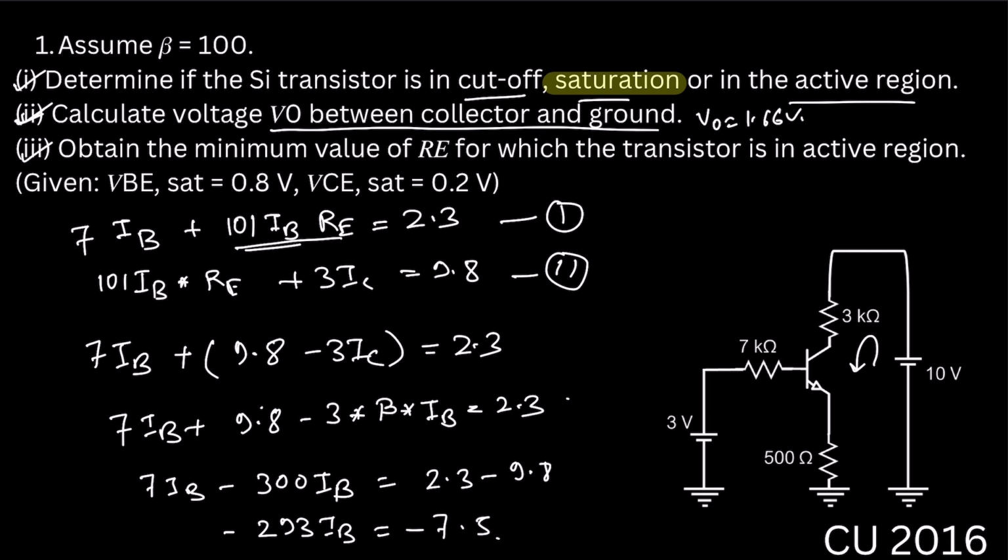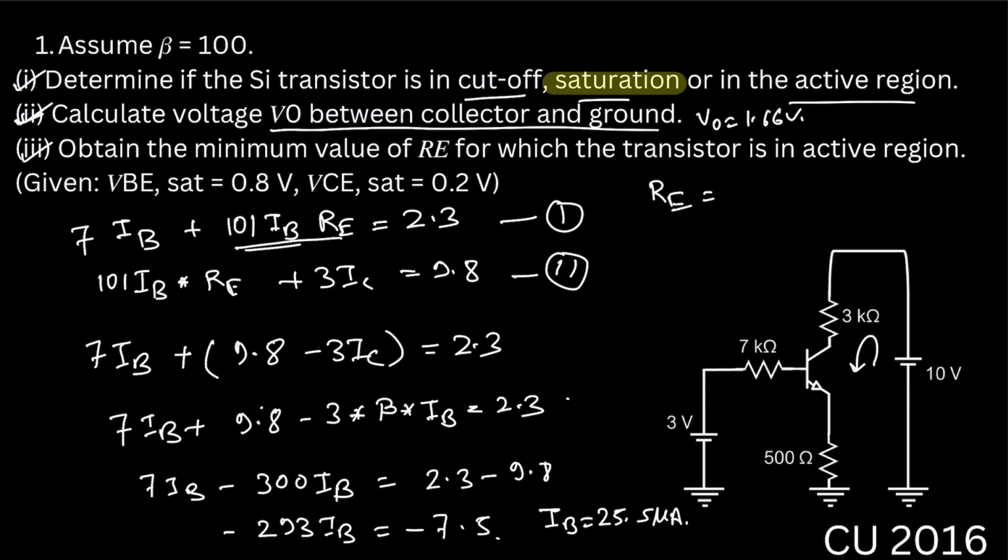Okay, by solving this one, we will get the value of IB as 25.5 microampere. Now if we put the value of IB in equation 1, then we will get the value of RE. So what will be the value of RE?